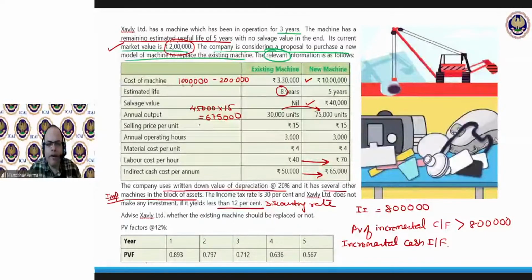Additional material will be 45,000 into 4, which is 180. And the operating hours is the same, 3,000. But the additional cost is 30 per hour. So 3,000 into 30 is how much? 90,000. So everyone with me on this? 675 is additional sales. Additional material cost is 180, and we are talking about 90,000 of additional labor costs as well. What do you think?